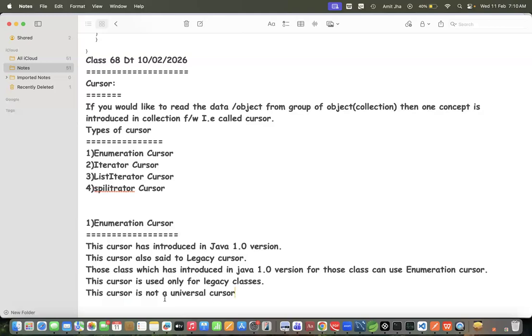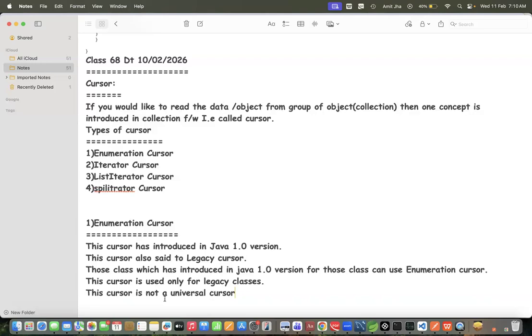Under the List interface we have ArrayList and LinkedList, and under the Set interface we have HashSet and LinkedHashSet. So the cursor used for every implemented class in the collection framework is called the universal cursor.